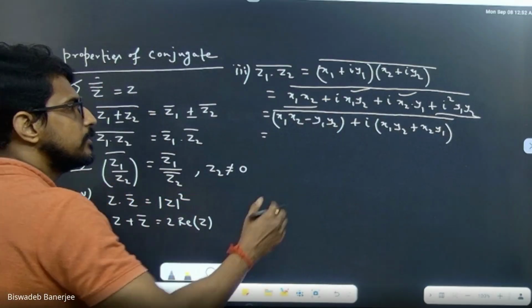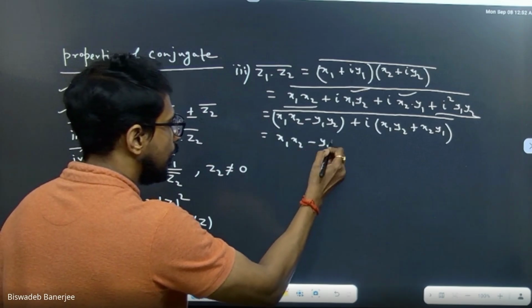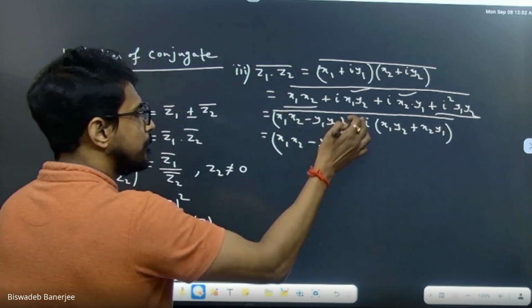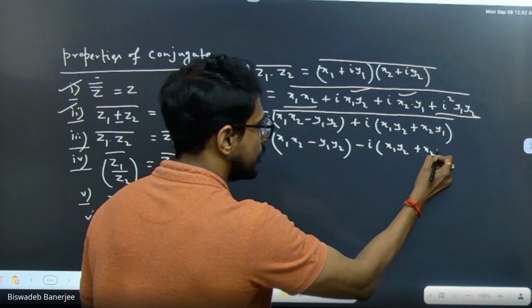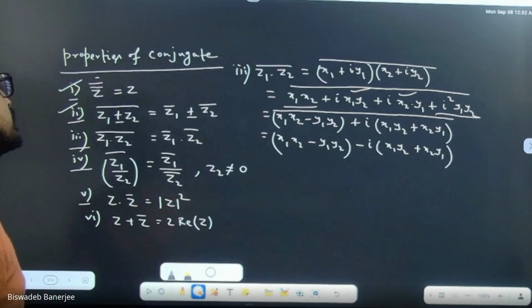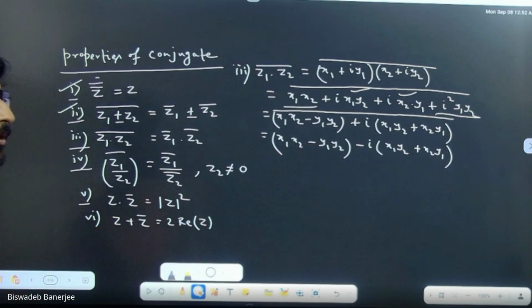Now there is a plus sign, so after taking conjugate, my plus sign will be a minus sign. So this portion is my (z1 into z2) whole conjugate.